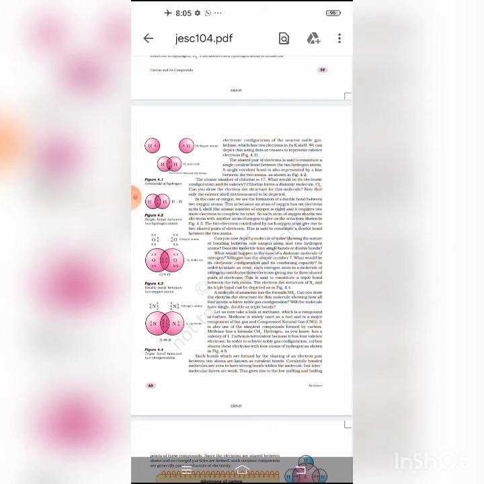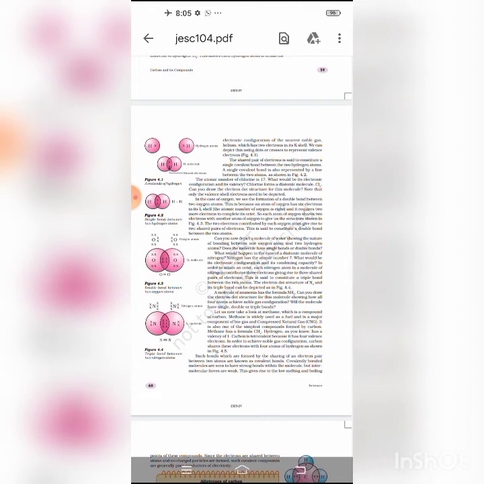There are many characteristics of covalent bonds also, that is physical state, melting and boiling point, stability, conductivity, reactions. Physical state: in general, covalent compounds are liquids or gases under normal conditions of temperature and pressure. Solid covalent compounds are also formed, but they usually have high molecular weights.